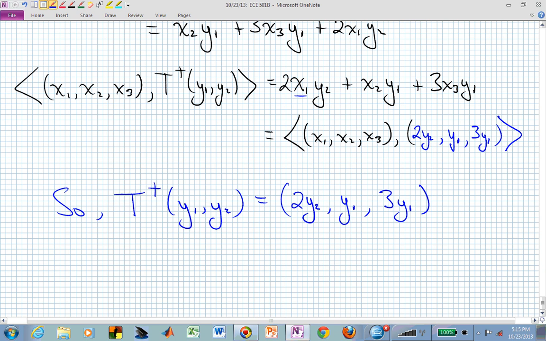And if somebody gave us the linear map T from before, now if somebody says build the adjoint, it's not quite the inverse, is it? Because now we take y1 and y2 and we map it into an R3. But what will it give us? It'll give us exactly the same scalar that TV gave us before with a W. And that's what we want.